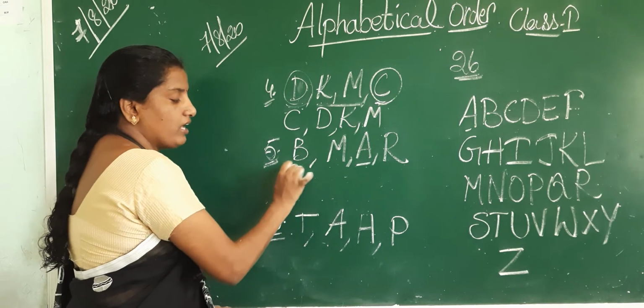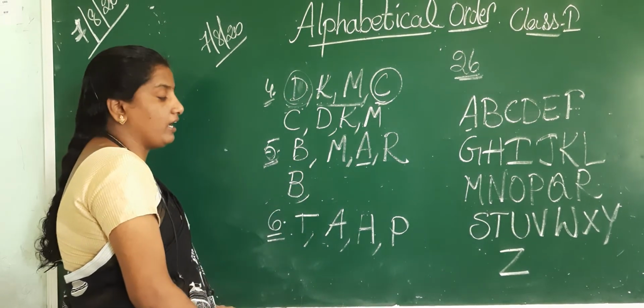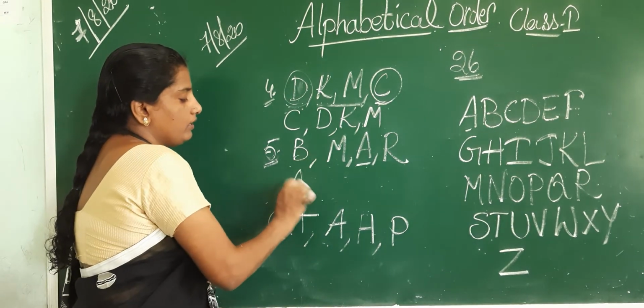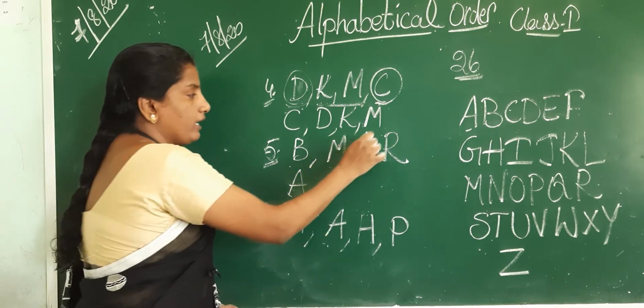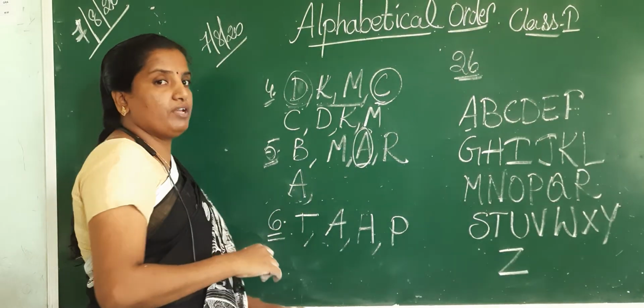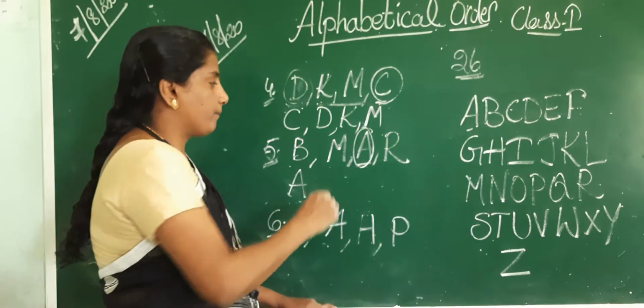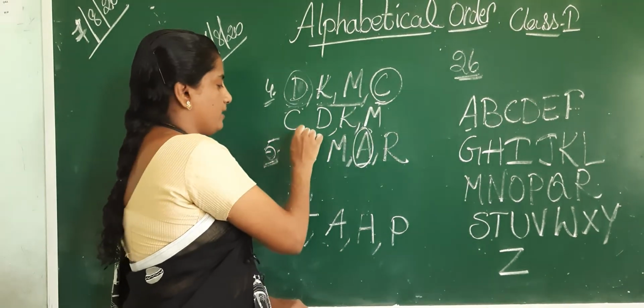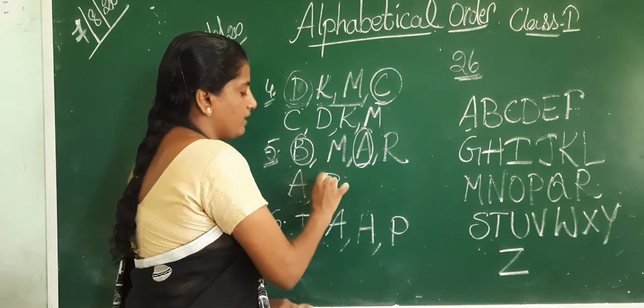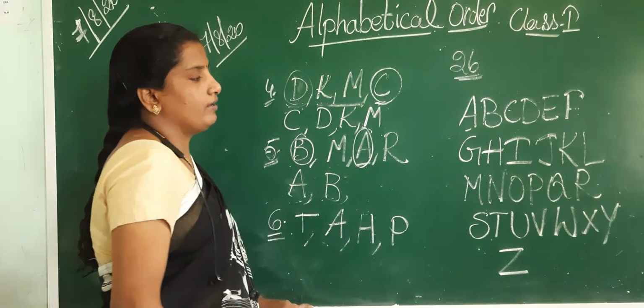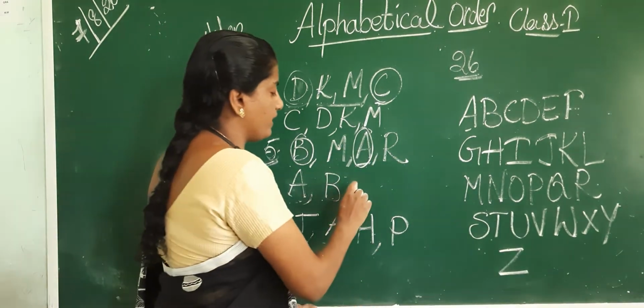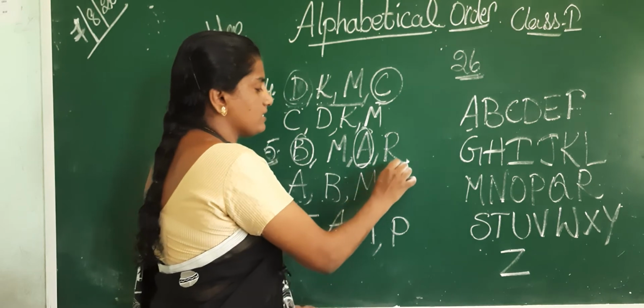A. So what do we write here, children? A. Next, A is completed. Which letter do we write next? B. Next, M or R? M. Next, R.